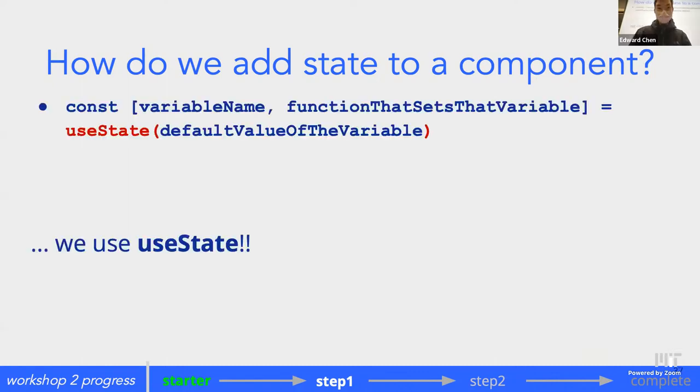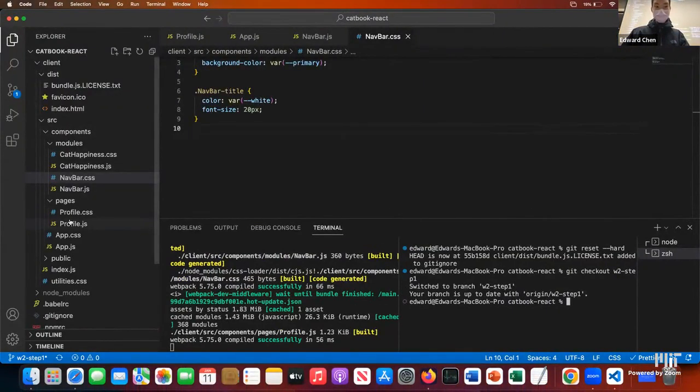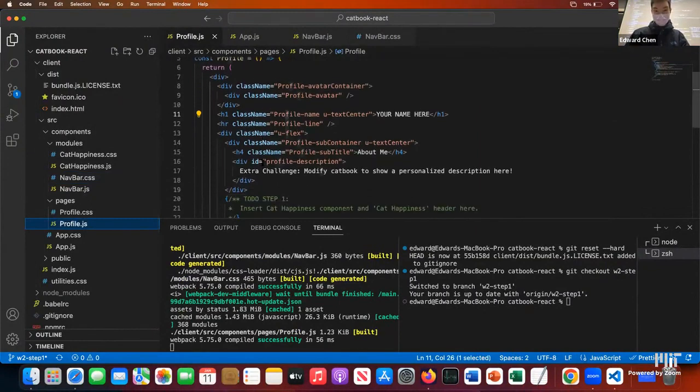You might remember seeing a line of code earlier, sort of like this. So we're going to use state to designate a variable and to set its value. Feel free to reference weblab.is/react-guide-1 and go ahead and try adding the cat happiness state to your profile. And as the slide says, you do this in your profile.js file. So go to profile.js, and actually let me show you here.